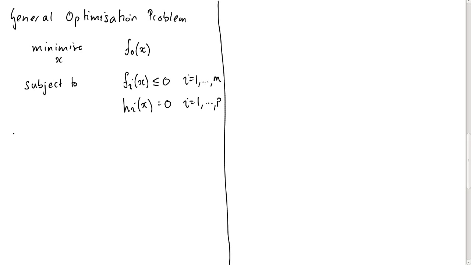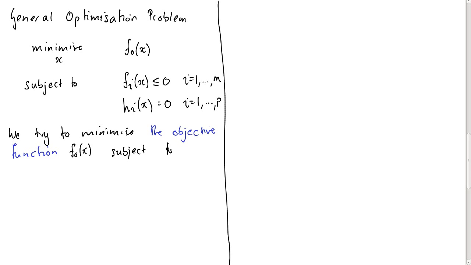Now one thing with optimization is you'll find there's quite a few different pieces of terminology we've got to pick up. So just a few things we need to note here. We are trying to minimize what's called the objective function. That's that function f naught of x, subject to a number of inequality constraints.